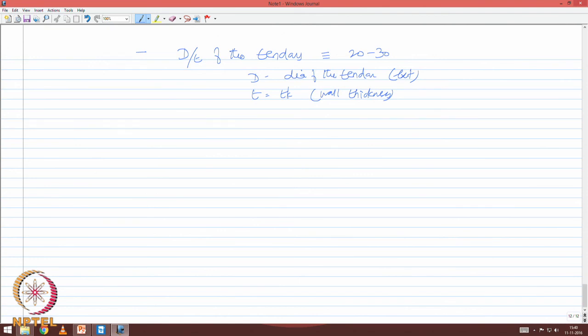These values may be further decreased; the lower value of 20 is used when you go for tendon commissioning in ultra deep waters.